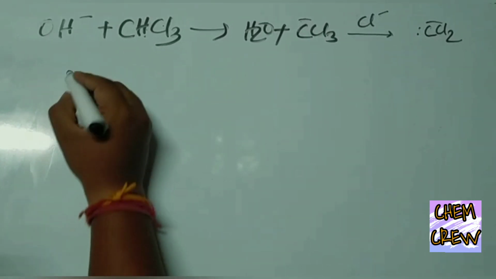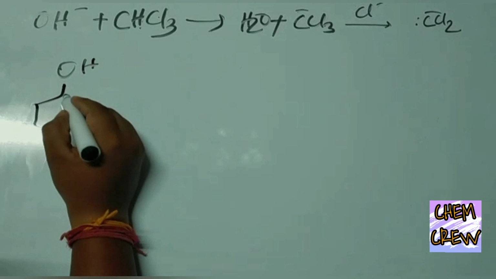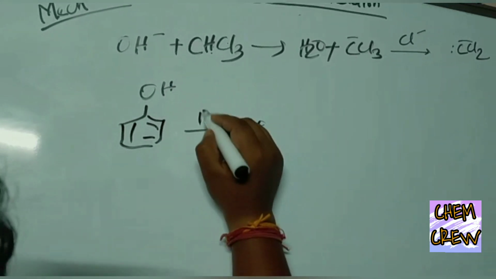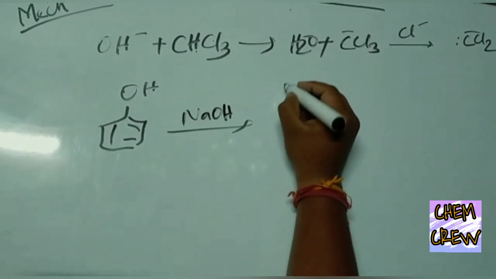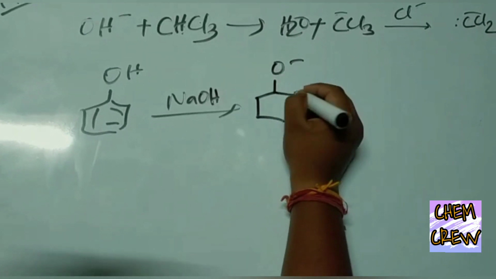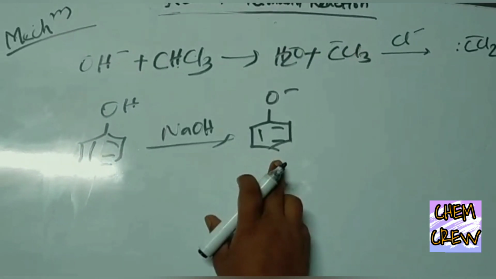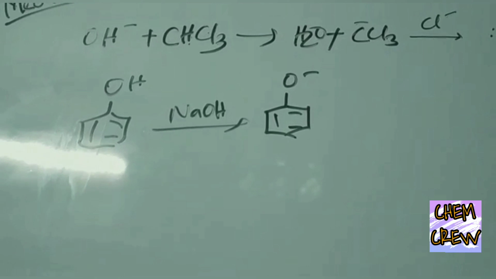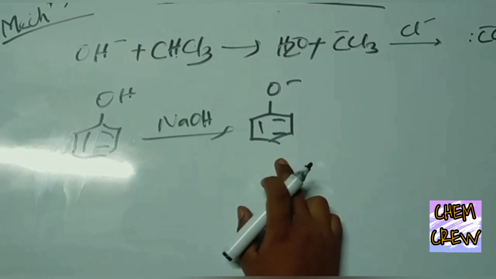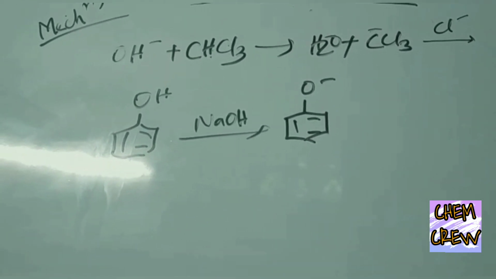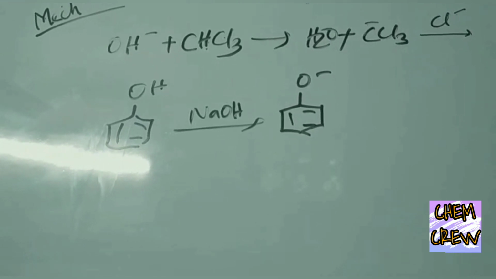In basic medium, phenol reacts with base and produces phenoxide ion. Phenoxide ion is highly reactive in this reaction and it is more stable.